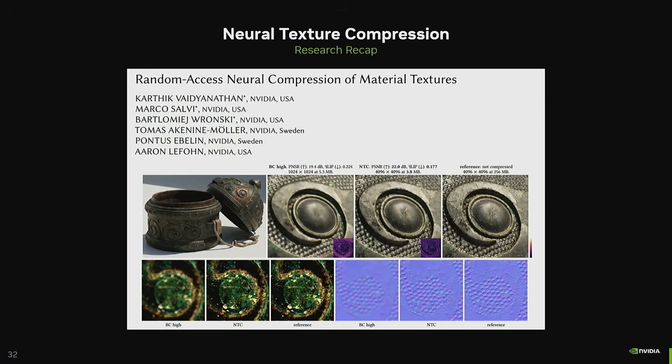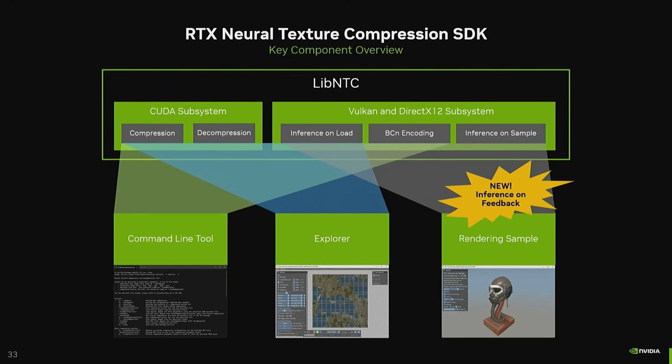So now on to neural texture compression itself, and it's based on this paper from 2023 that I've mentioned a number of times already. And based on the paper, we have created an SDK called RTX NTC for neural texture compression. That SDK is now available, and it has 4 main components. One shown on top is libntc for the library that has 2 subsystems, one with CUDA compression and decompression.